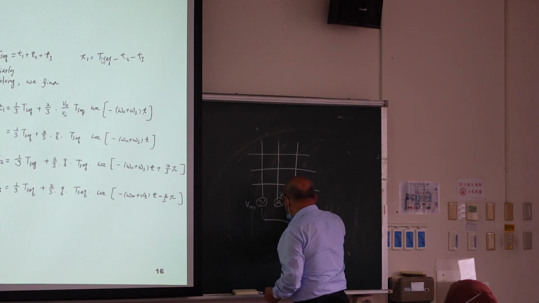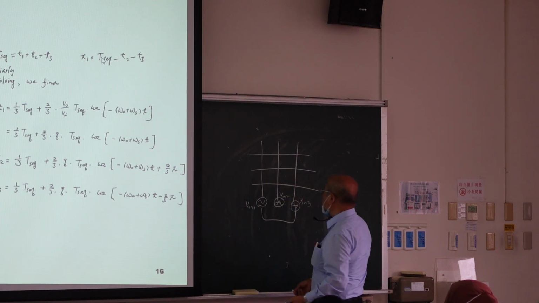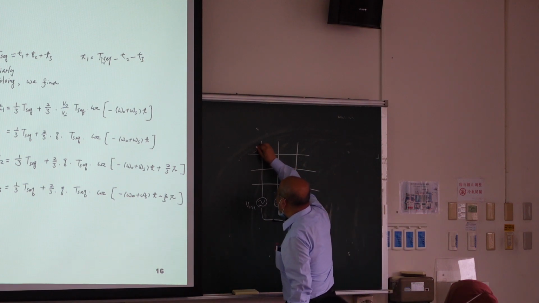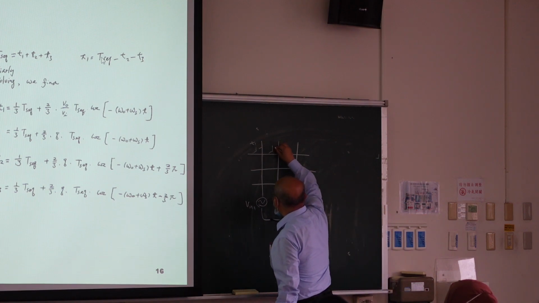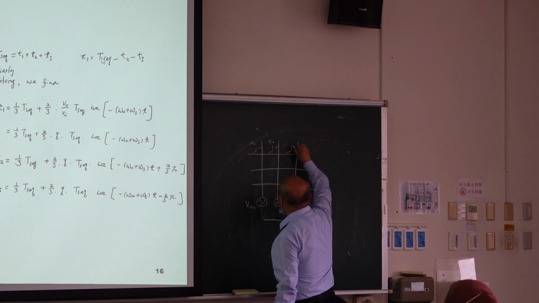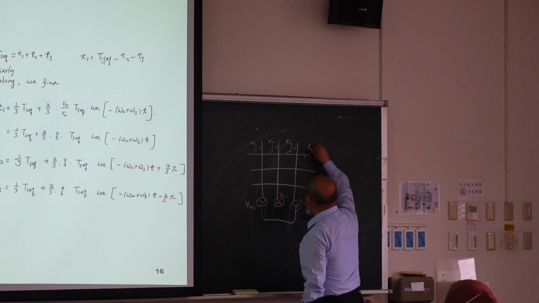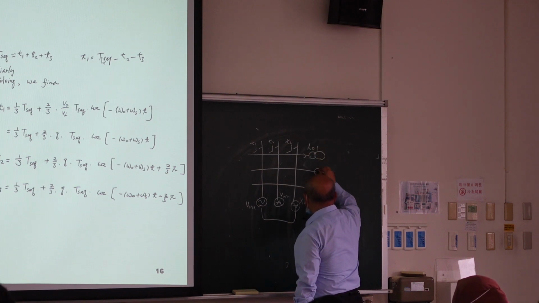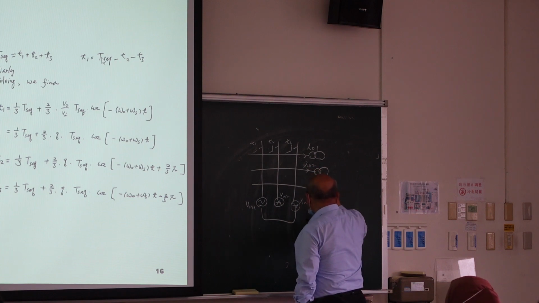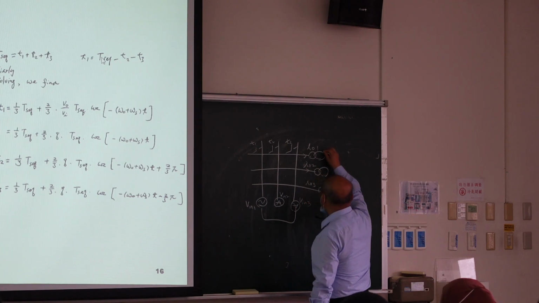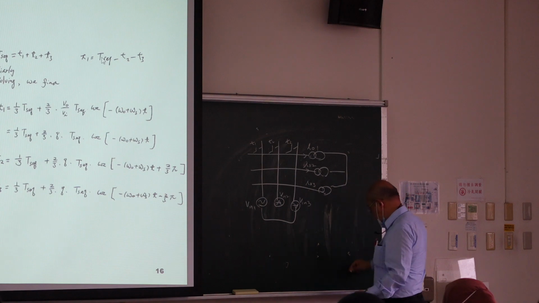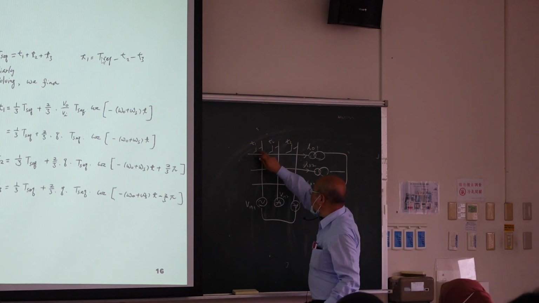This is B phase. This is C phase. So we have T1, T2, T3. So this is IO1. This is IO2. This is IO3. We have three-phase current, and we have T1, T2, T3.